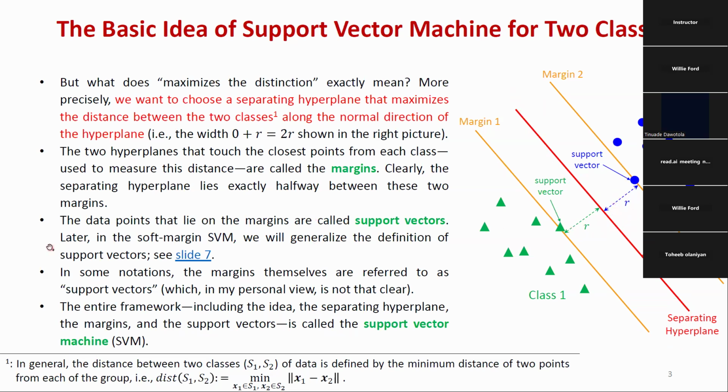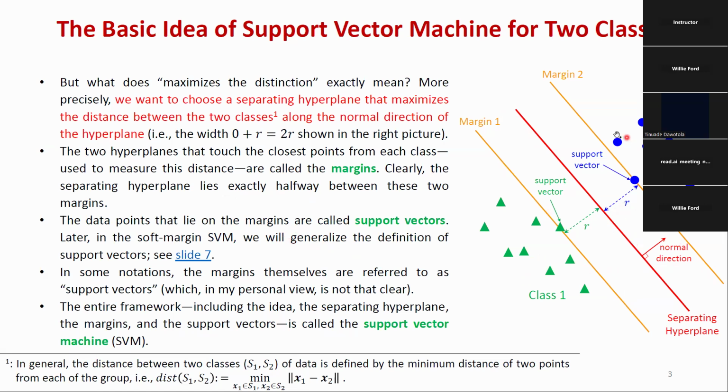So some terms here: the two hyperplanes that touch the closest points from each class, used to measure this distance, are called margins. So these two are called margins. And the separating hyperplane lies exactly halfway between these two margins.